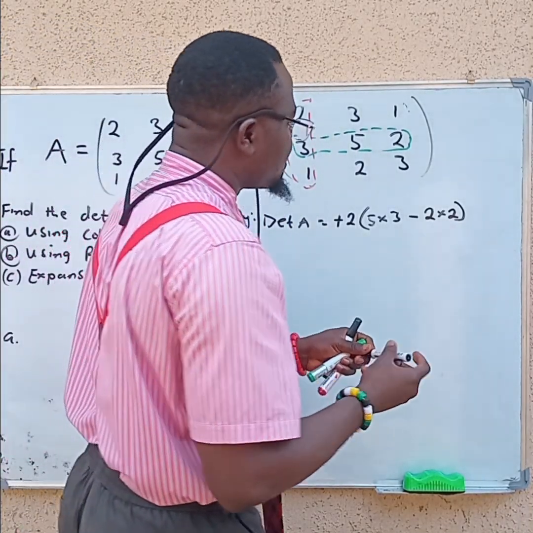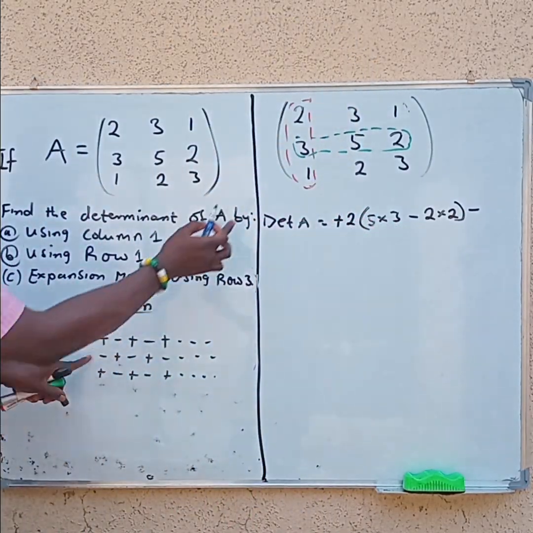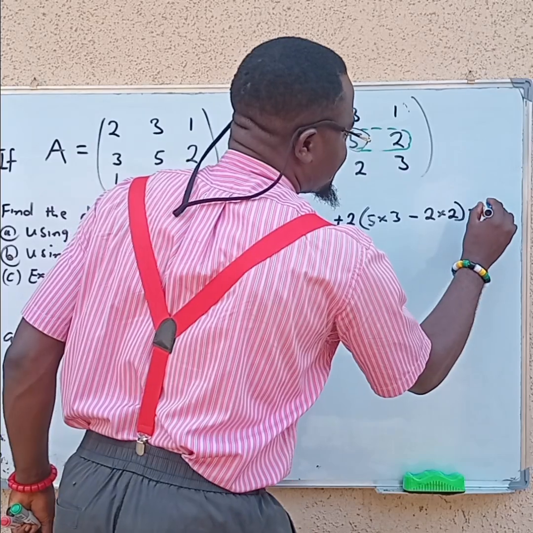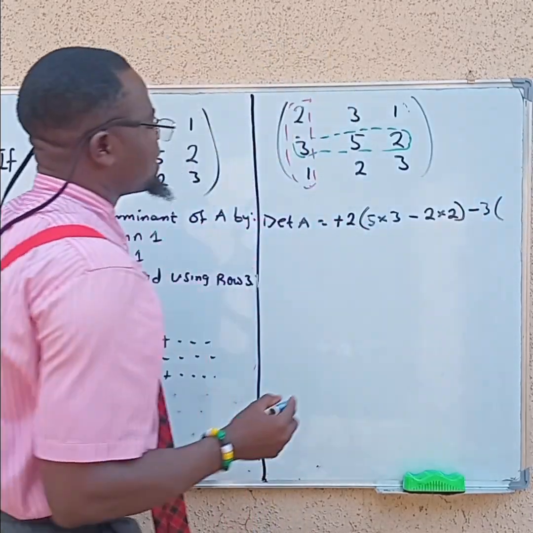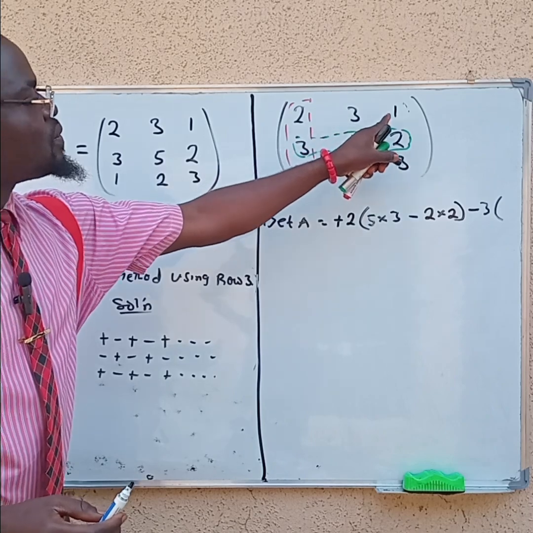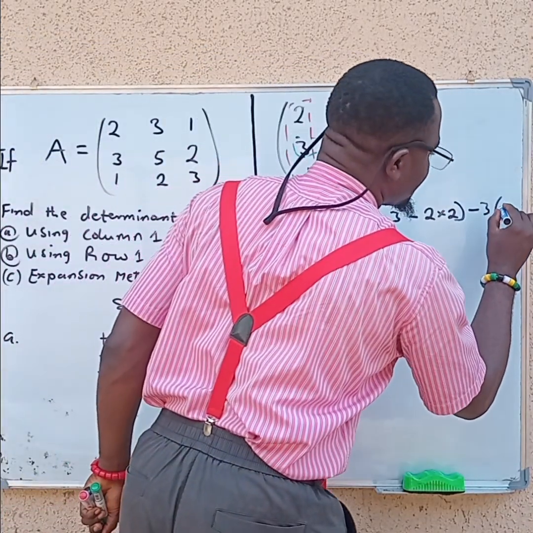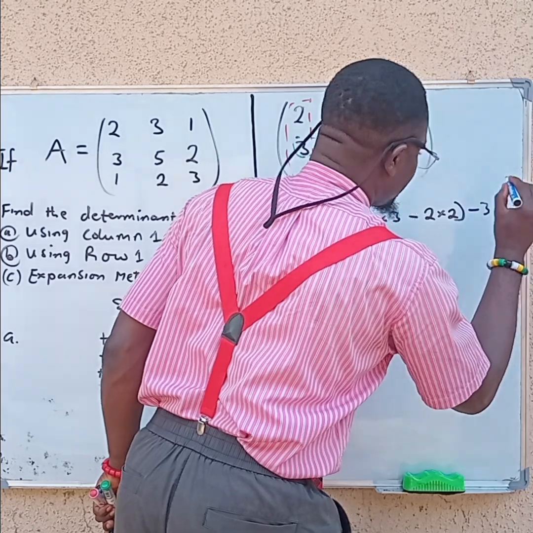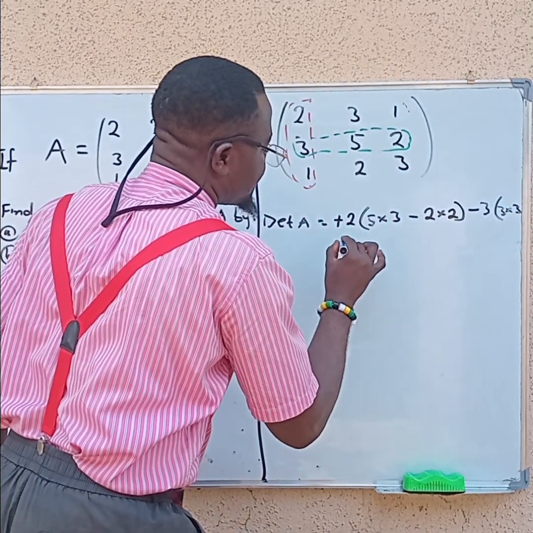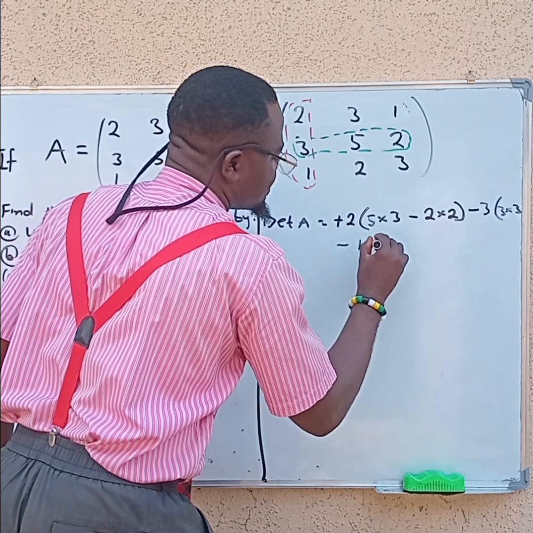So I'll write minus 3. Open the bracket. What I'm left with is 3, 1, and 2, 3. So 3 times 3 minus 1 times 2.